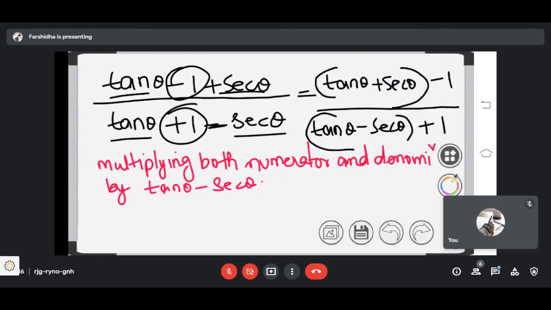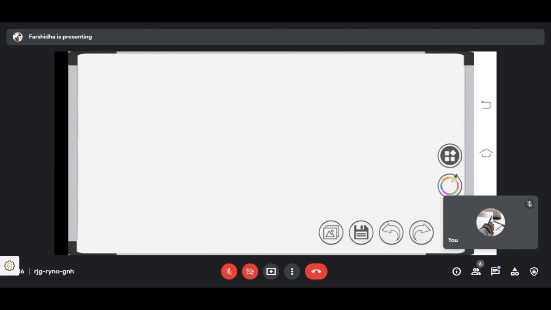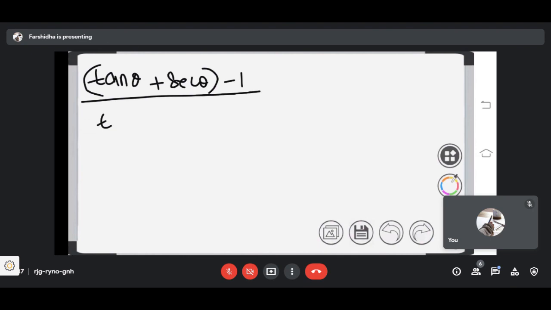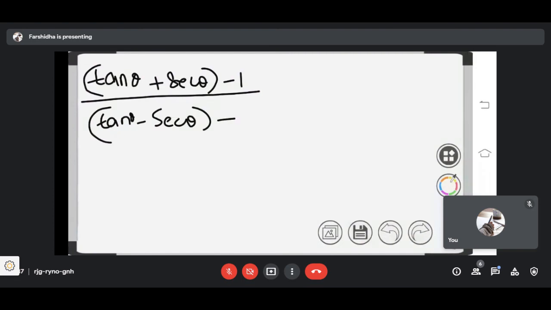So when we multiply both by tan theta minus sec theta. So this is what we got, tan theta plus sec theta minus 1 divided by tan theta minus sec theta plus 1.